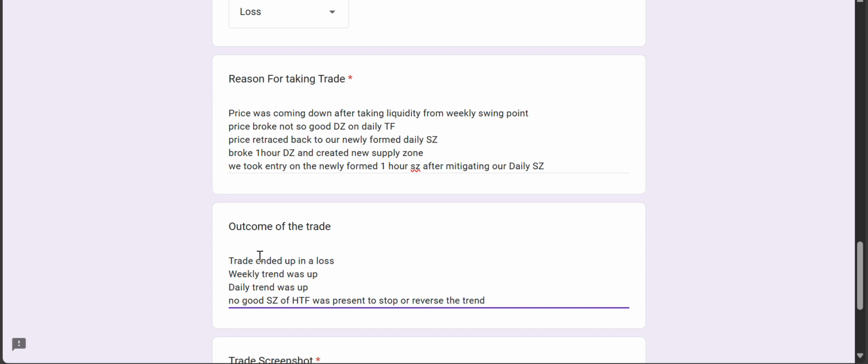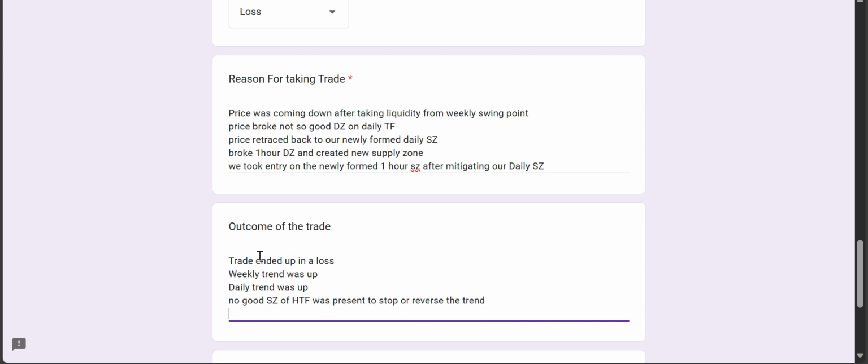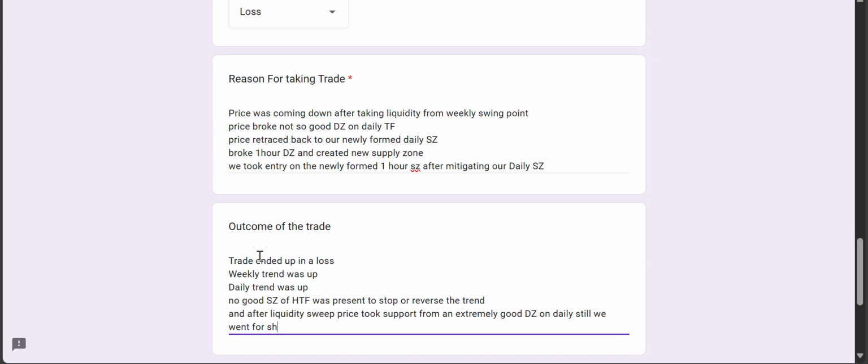We went against the trend, and after the liquidity sweep, price took support from an extremely good demand zone on daily. Still, we went for the short trade. Our fault.